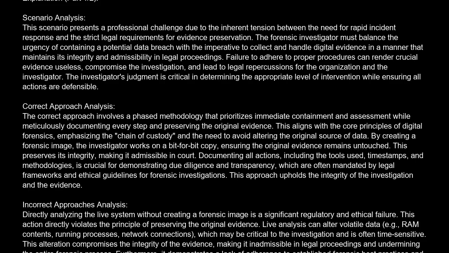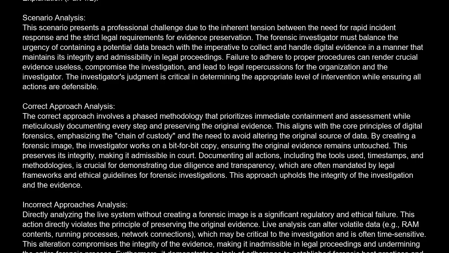Correct approach analysis. The correct approach involves a phased methodology that prioritizes immediate containment and assessment, while meticulously documenting every step and preserving the original evidence. This aligns with the core principles of digital forensics, emphasizing the chain of custody and the need to avoid altering the original source of data. By creating a forensic image, the investigator works on a bit-for-bit copy, ensuring the original evidence remains untouched.